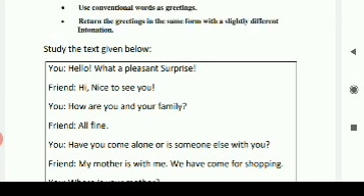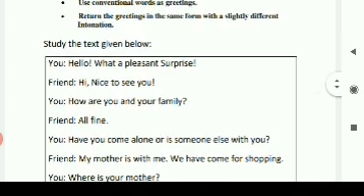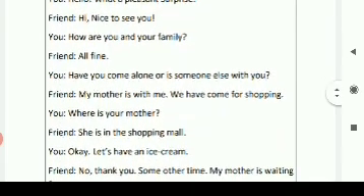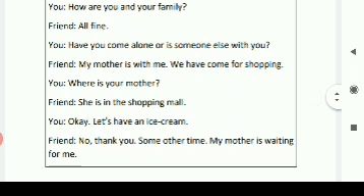And then what happens? We have come for shopping. You find a full stop is there. That's why in constructing dialogue you have to take care of these punctuation marks. Now see, again you say, where's your mother? Again a question mark. Friend: she is in the shopping mall, and you find a full stop.